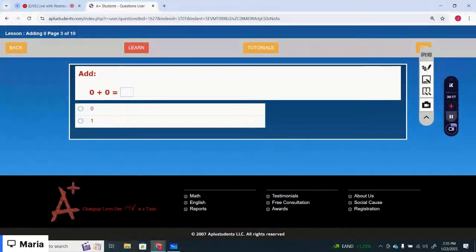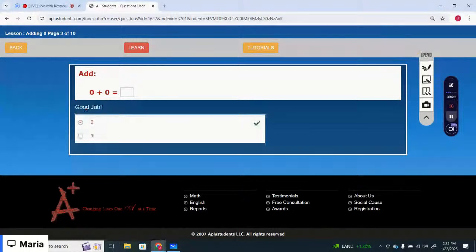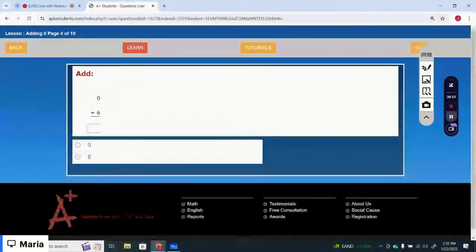0 plus 0 makes 0. Option number 1 is the correct option. 0 plus 6 makes 6.